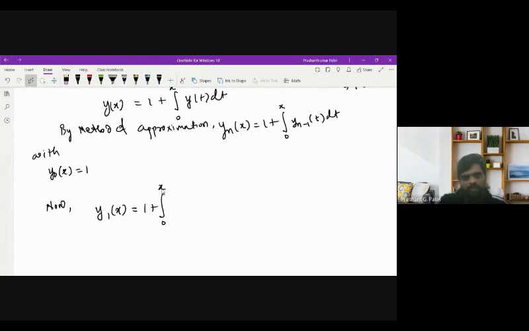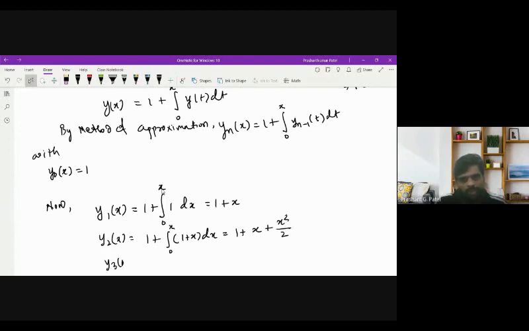Replacing n equal to 1 in this equation, y1 of x is 1 plus integral 0 to x of y0, which is 1, dx. So this is 1 plus x. Integration of 1 is x, and if you put the limit 0 to x, we'll have 1 plus x. Second equation, that is y2 is 1 plus integration 0 to x of 1 plus x dx. That is 1 plus x plus x square by 2.